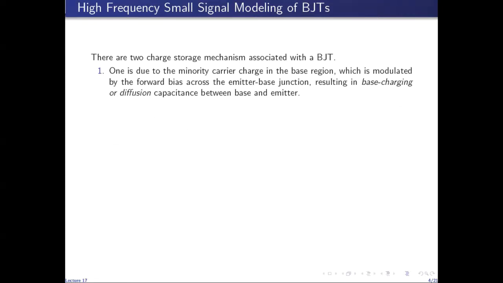And because of this concentration gradient, these injected electrons diffuse through the base from the emitter-base junction towards the collector-base junction, and then they are eventually collected by the collector.